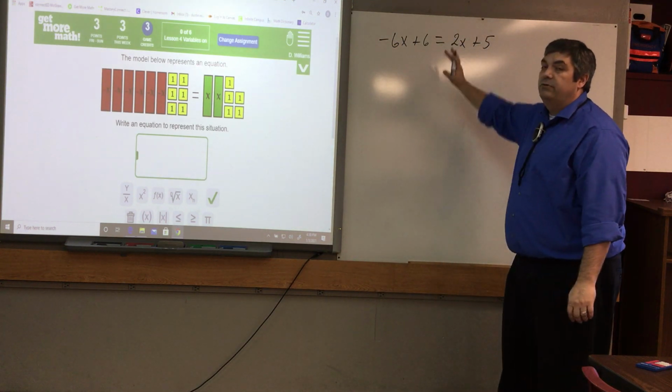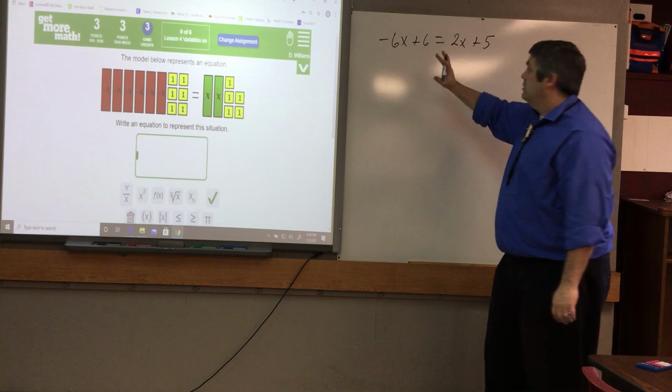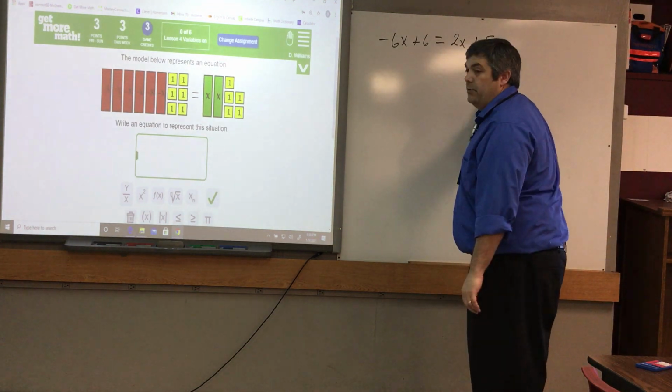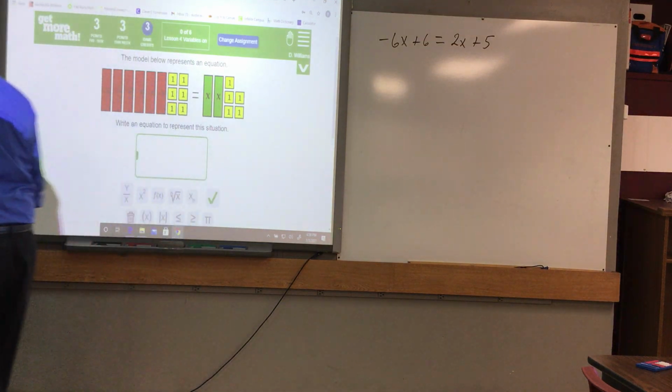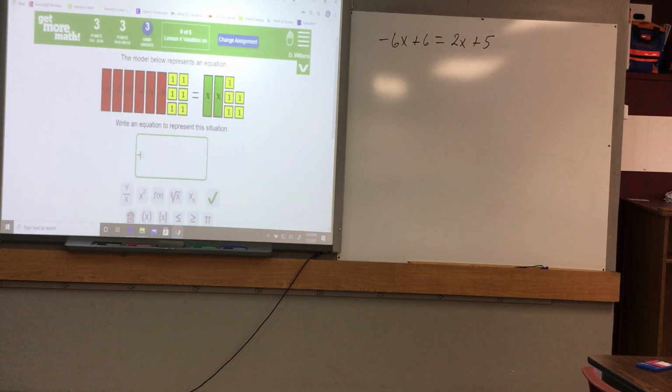All right, so there's our equation. So we're going to take this and plug it into here. Negative 6x plus 6 equals 2x plus 5. So that should be the first part.